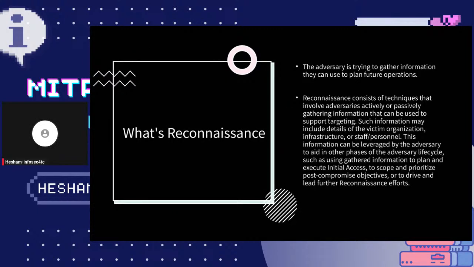Reconnaissance, as I mentioned, is a very important phase. If I tell you we're going to attack Tesla today, for example, and Tesla has a responsible disclosure program, they are asking ethical hackers to find a vulnerability or weak point in their application or website.